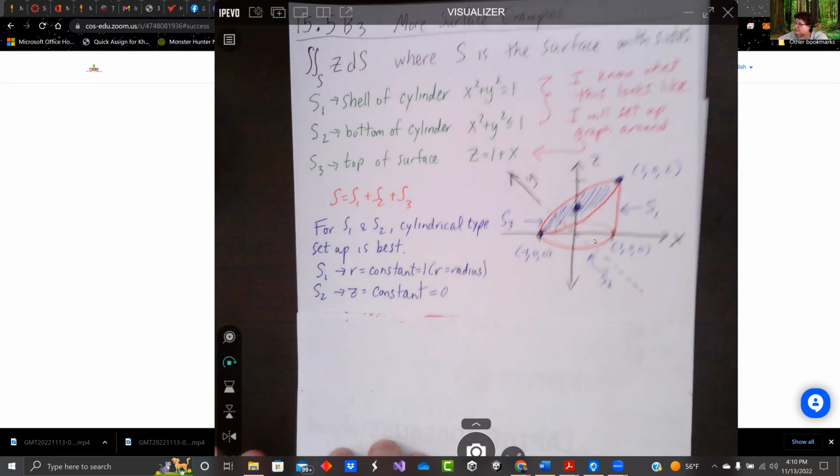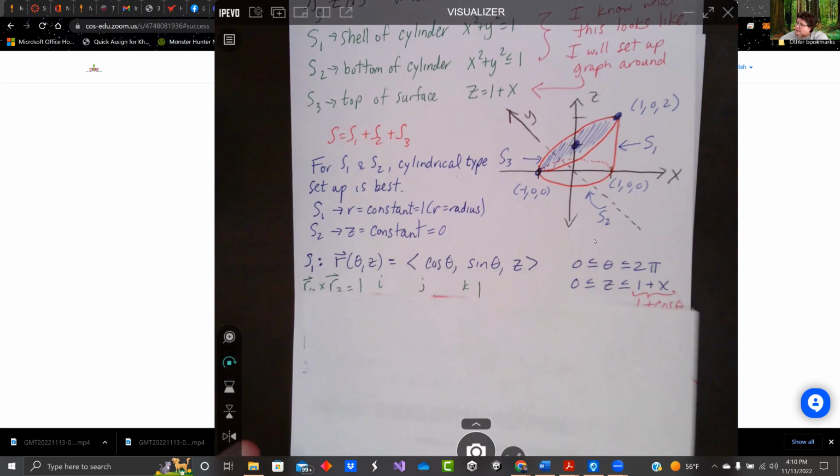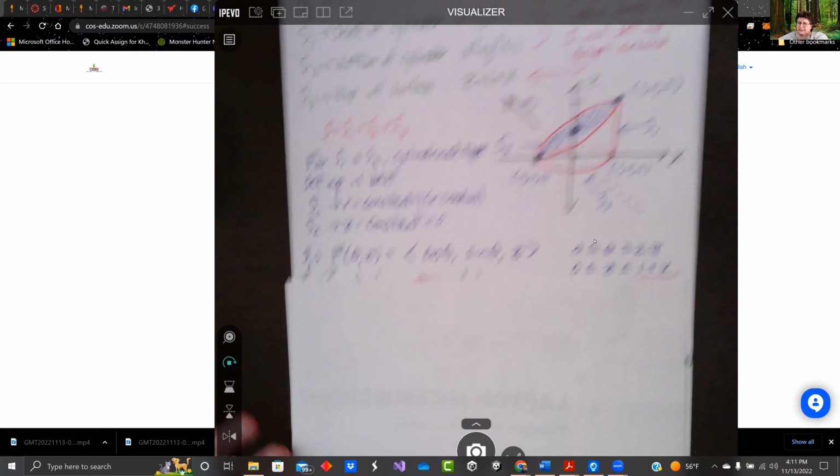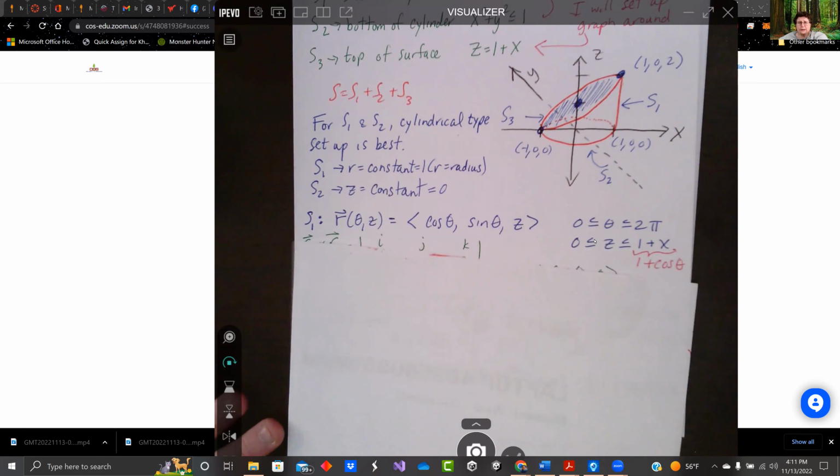Let's go in order. So let's do S1 first. S1, r is constant. And so what we really have is a function of theta and z. So x equals r cosine theta, r is 1, so x equals cosine theta, y equals sine theta, and z. We've got 0 less than theta less than 2 pi, and 0 less than z less than 1 plus x.